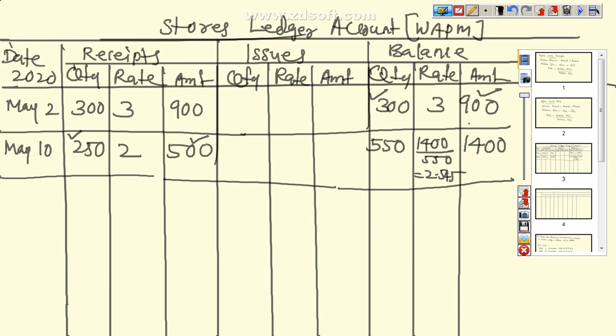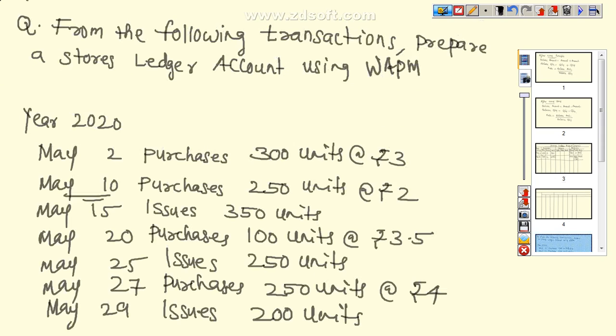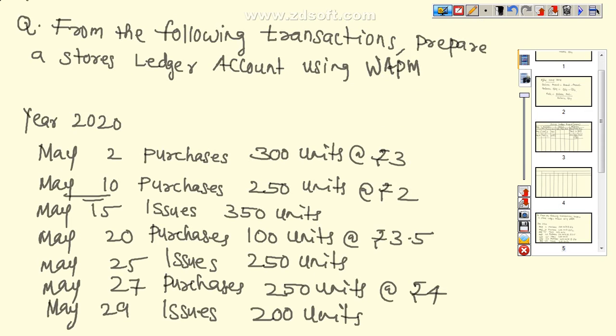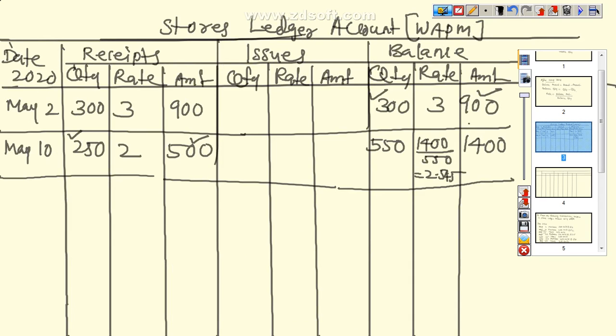Now the next transaction, according to the question, on 15th May we have to issue 350 units. So here we write May 15, 350 units. We are following the weighted average price method. Under this method, there is no first price and no last price.